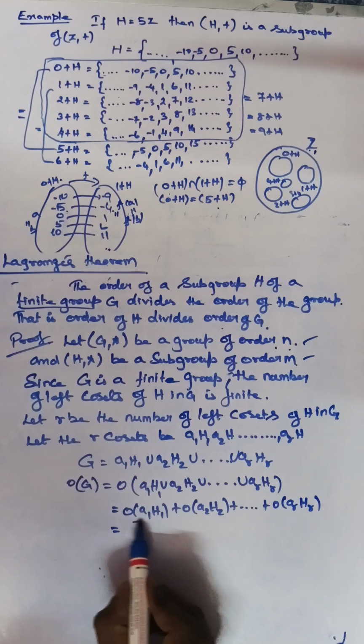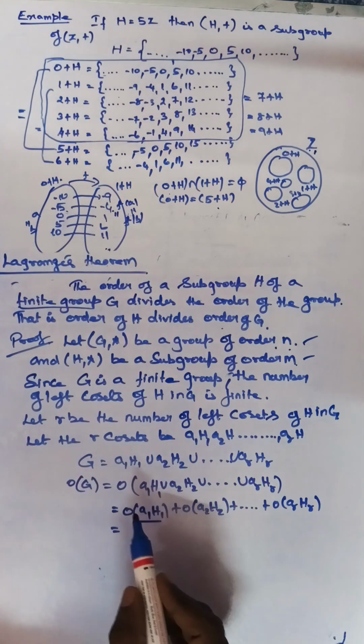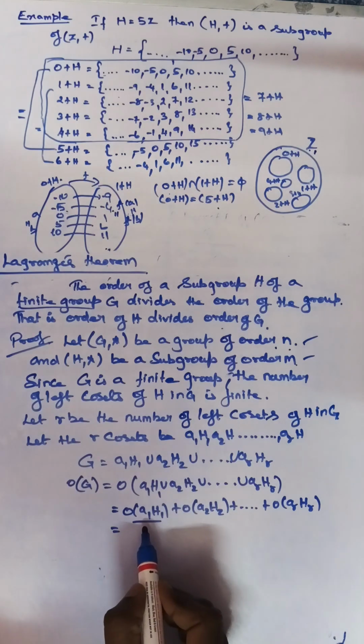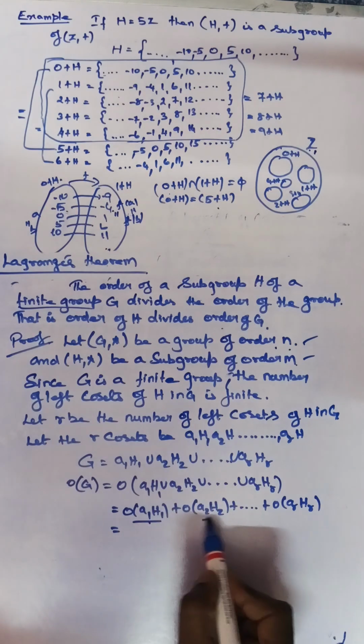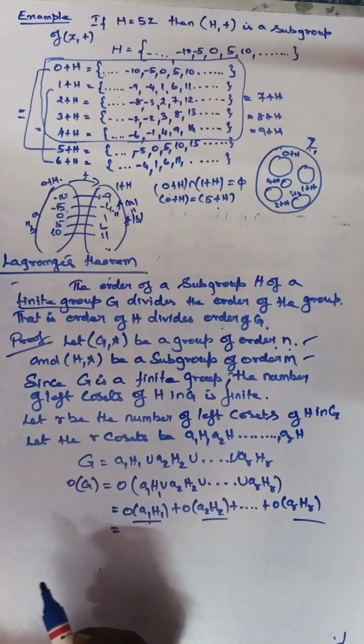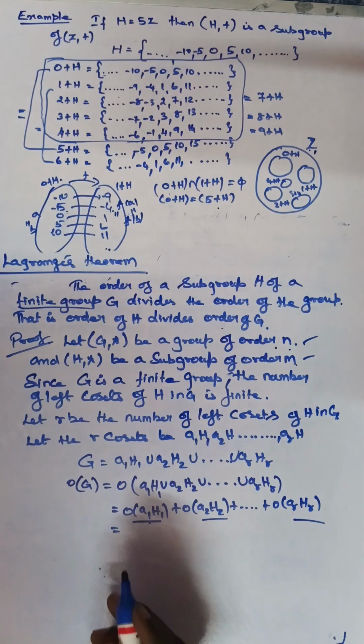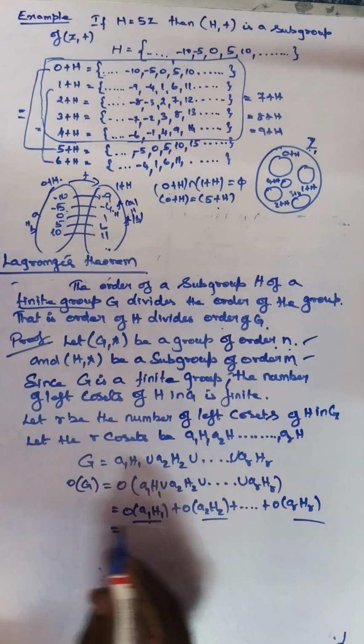We have already seen, by the one-to-one correspondence in the previous theorem, that the number of elements of all the left cosets is equal.